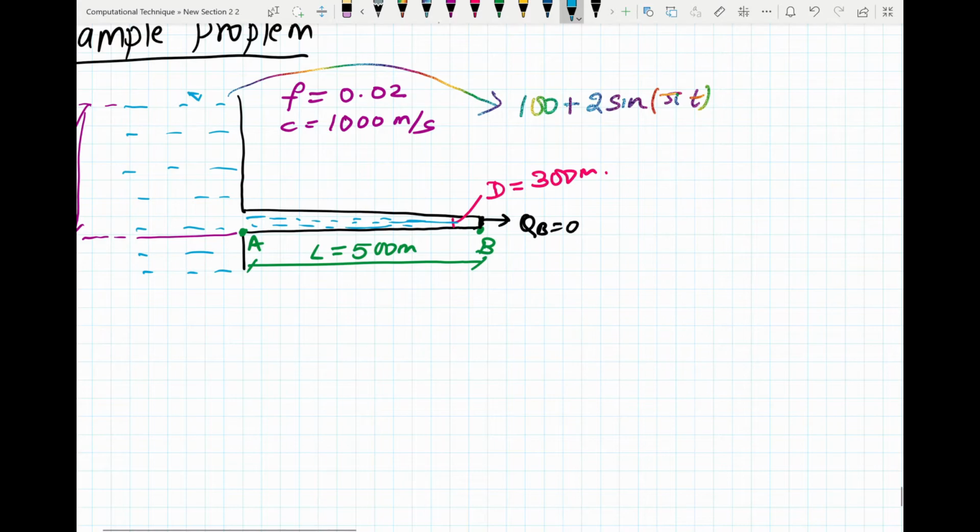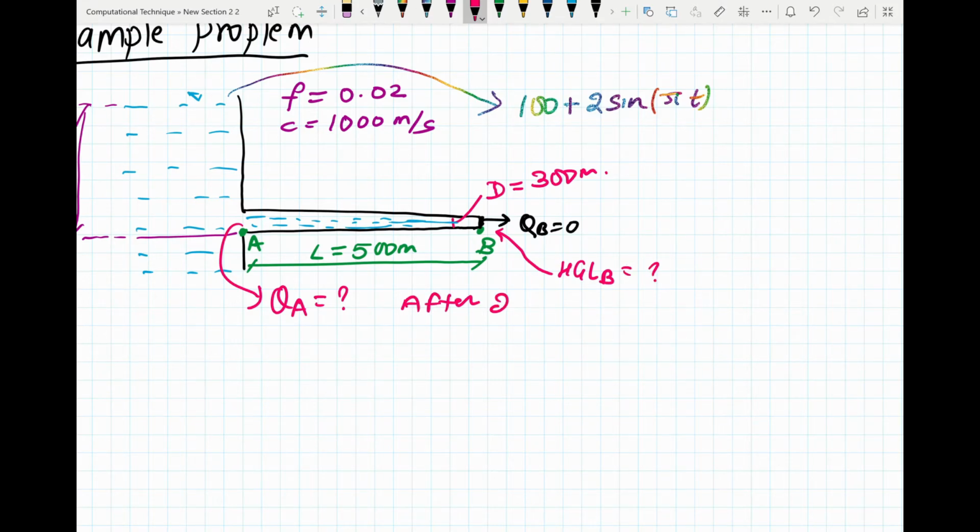Now the problem here can be to find discharge at this point and your hydraulic gradient line at this point after 2 seconds using only one reach.